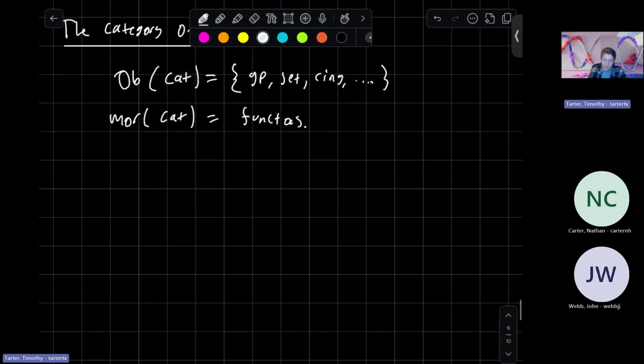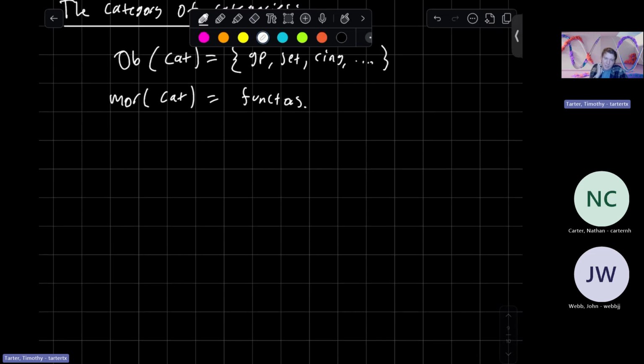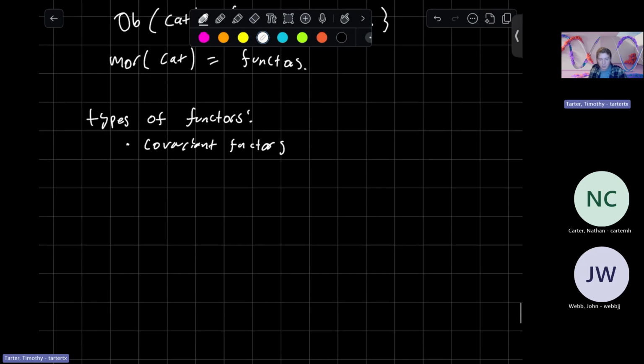There are really two types of functors. There are covariant functors, which means that we preserve the direction of the arrows from one category to another.